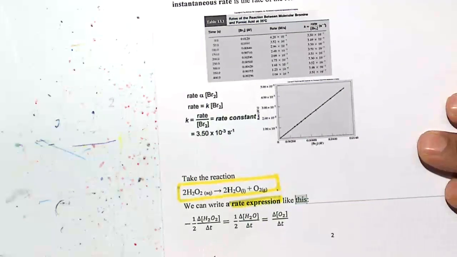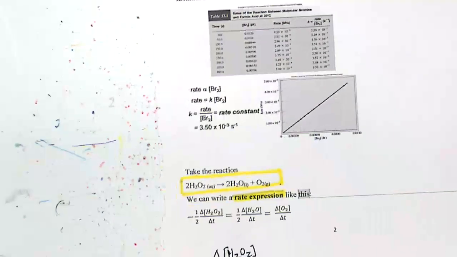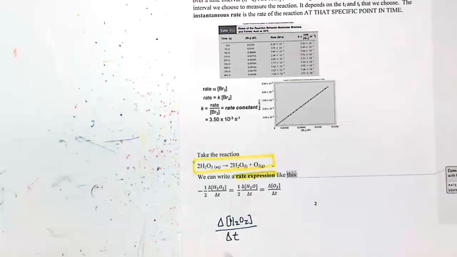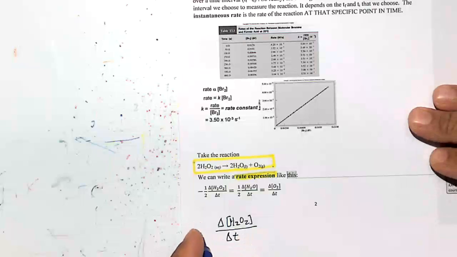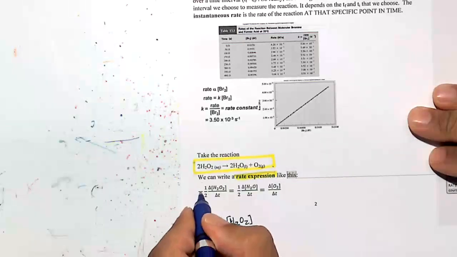It will decrease. So the change in concentration of hydrogen peroxide over an increment of time will decrease. So there's the minus sign.